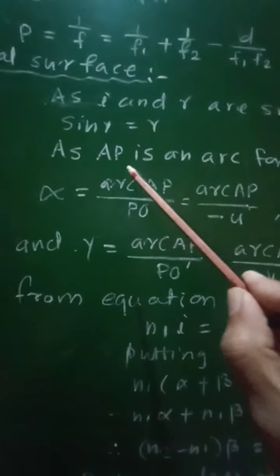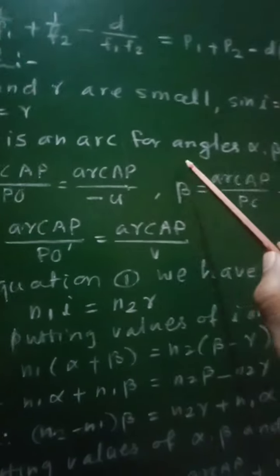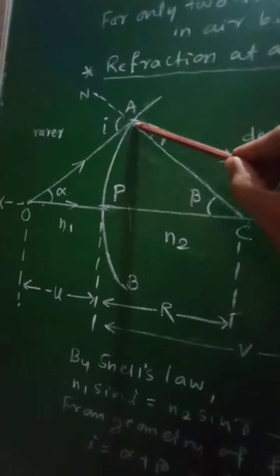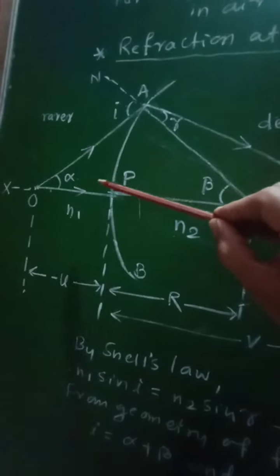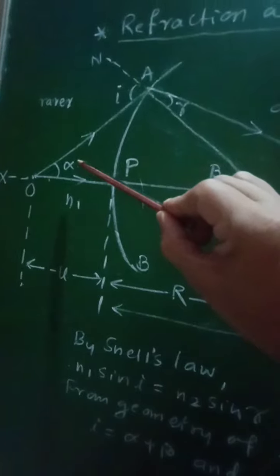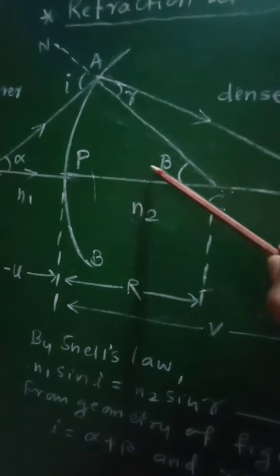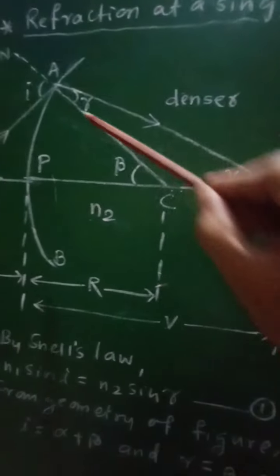Now, as AP is an arc for angles alpha, beta and gamma, from this figure the curve AP acts as the arc for angle alpha, angle beta as well as gamma.